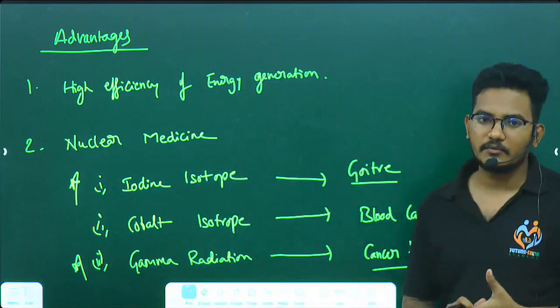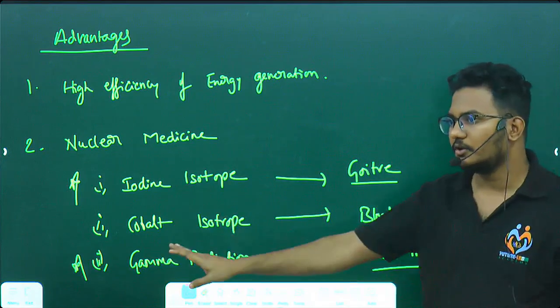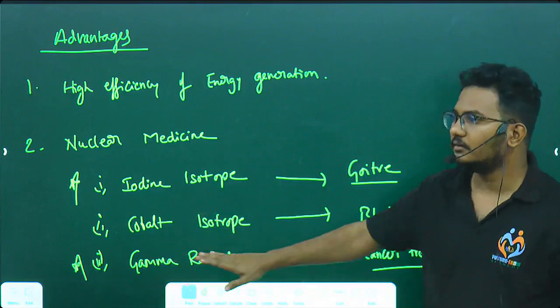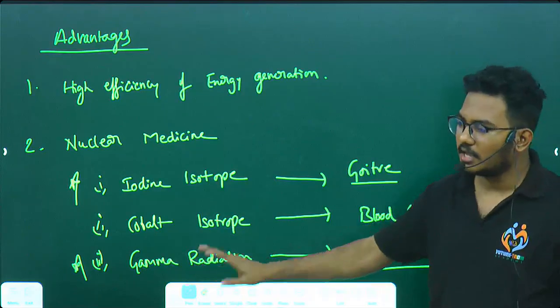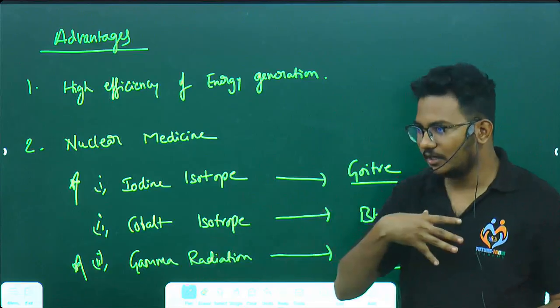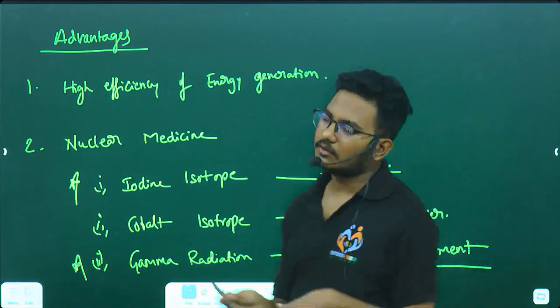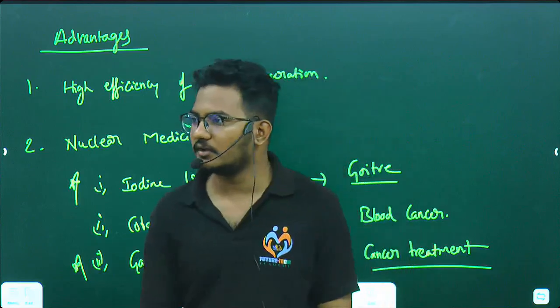In radiotherapy, what happens is, if this is not done with the help of chemotherapy, with the drugs, then they'll expose you to gamma radiation. Gamma radiation will fall on the body, and inside the body it will kill all the tumors, it will burn the tumors. Along with the tumors, some useful parts will also be burned.